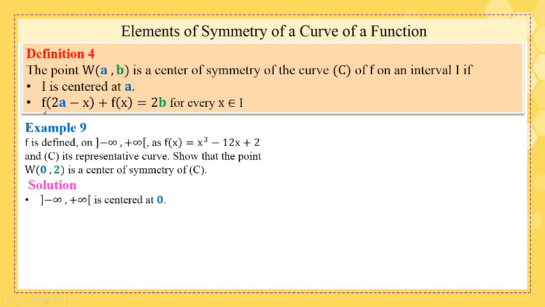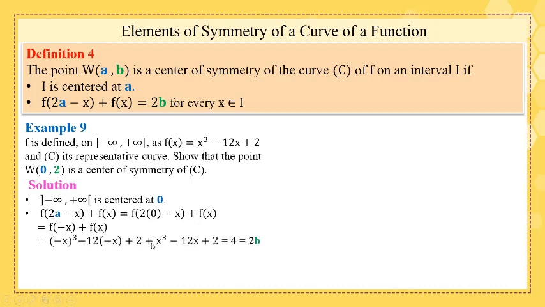The second condition is to prove that f of 2a minus x plus f of x equals 2b. Let us start with f of 2a minus x plus f of x. That is, substitute a by its value, which is 0, to get f of minus x plus f of x. Substitute x by minus x and write the expression of f of x.